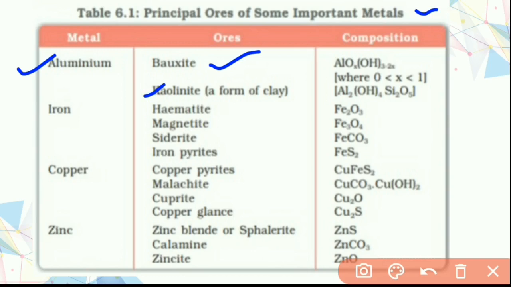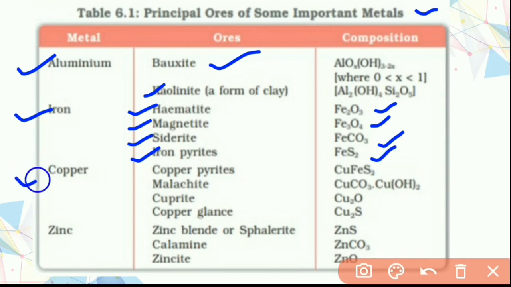Next metal is iron and its ore is hematite, chemical composition Fe2O3. Magnetite, chemical composition Fe3O4. Siderite, chemical composition FeCO3. Iron pyrite, chemical composition FeS2.